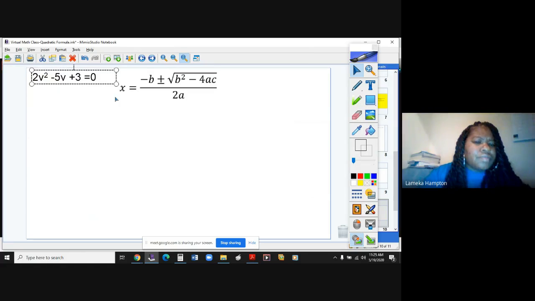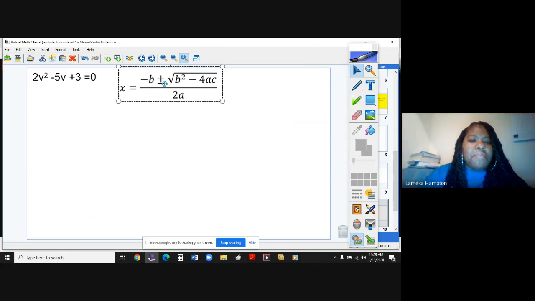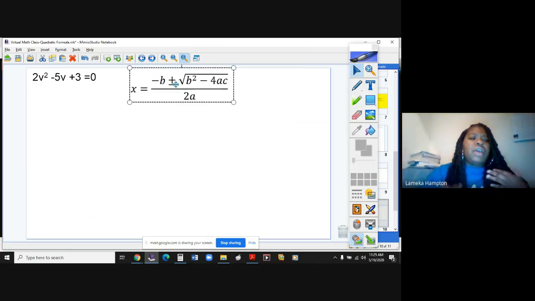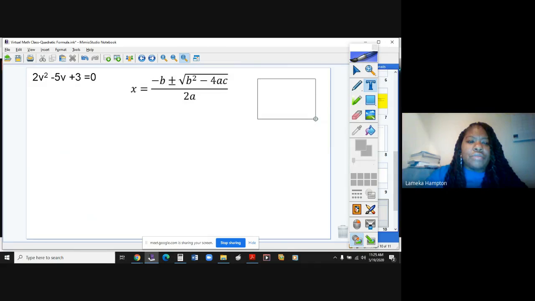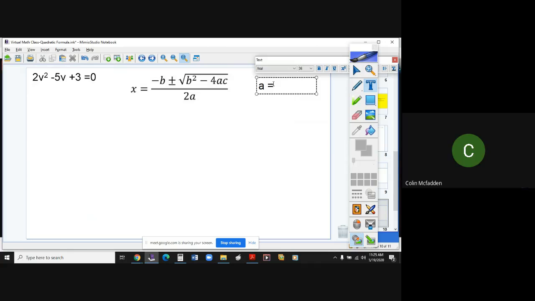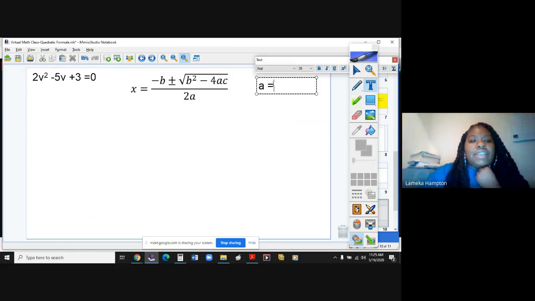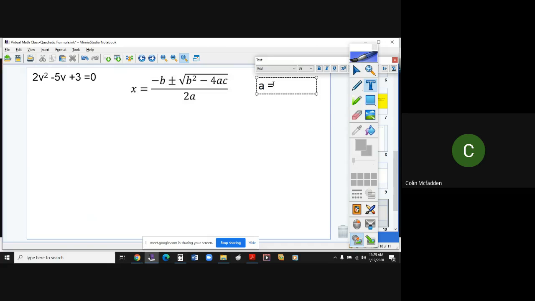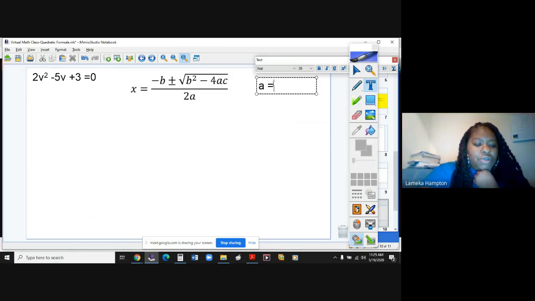All right. Okay, so again, I have 2v squared minus 5v plus 3 is equal to 0. So now I'm going to ask the question, what number is represented by the first term? The 2v squared. Yeah, 2, very good.